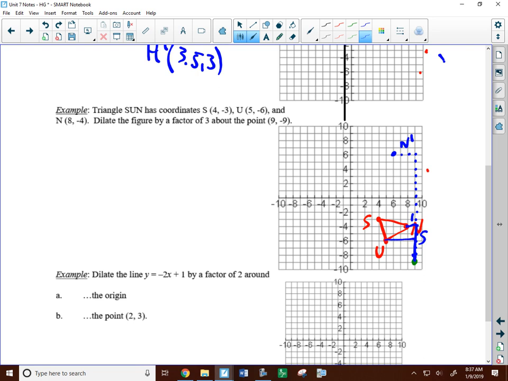So 1, 2, 3, 3, 4. So I multiply 3 by 3 and I get 9. So 3, 4, 5, 6, 7, 8, 9. 4 times 3 is 12. 1, 2. All right, that right there will be U prime. And finally, S. Oh.